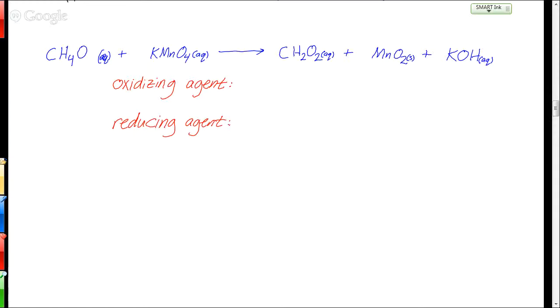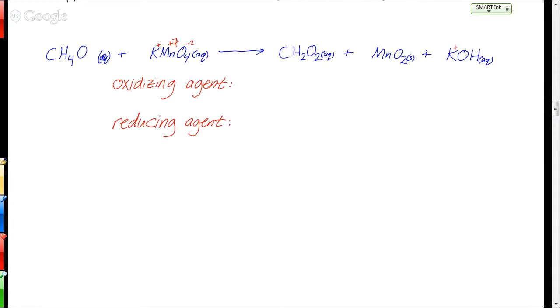So to figure this out, we have to assign oxidation states in all the compounds. So we'll start with potassium permanganate. We just did that one earlier. Potassium's +1, oxygen's -2, which means manganese has to be +7. Everybody got that? Okay. Other easy ones that we can assign, we go over here.